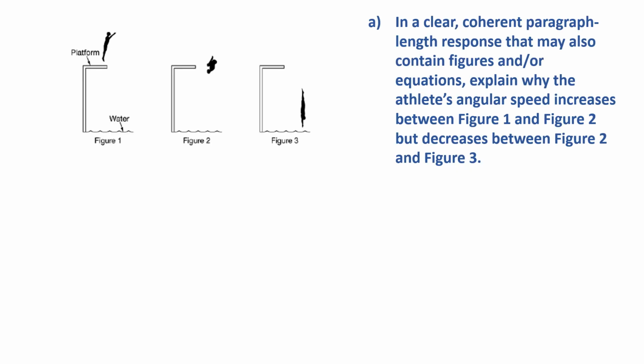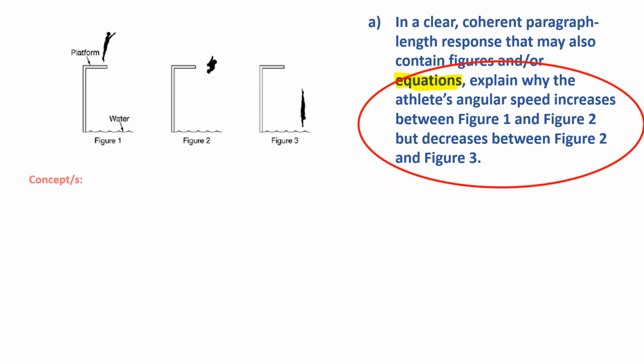In a clear, cohesive, paragraph-length response that may also contain figures and or equations, explain why the athlete's angular speed increases between figure 1 and figure 2, but decreases between figure 2 and figure 3. This time it's okay to use an equation as your justification. There will be some questions where they say without using an equation, but here you can use an equation. Okay, so concept: what's the first concept we need to know?